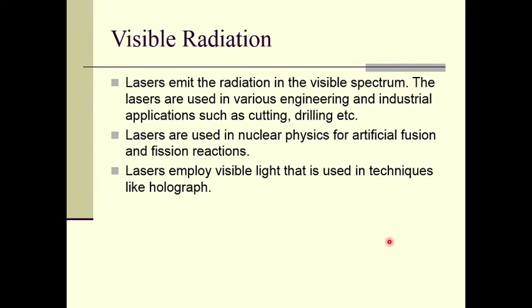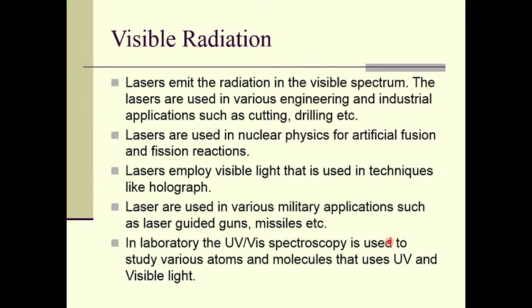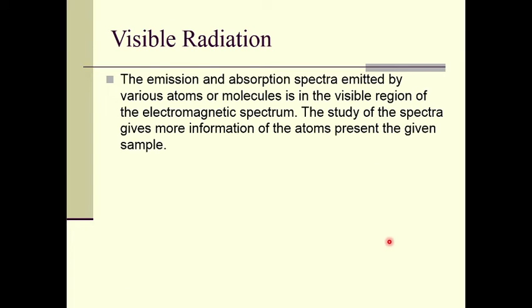Lasers employ visible light that is used in techniques like holography. Lasers are used in various military applications such as laser guided guns, missiles, etc. In the laboratory, UV-visible spectroscopy is used to study various atoms and molecules using UV and visible light. The emission and absorption spectra of various atoms or molecules are in the visible region of the electromagnetic spectrum, and the study of the spectra gives more information about the atoms present in the given sample.